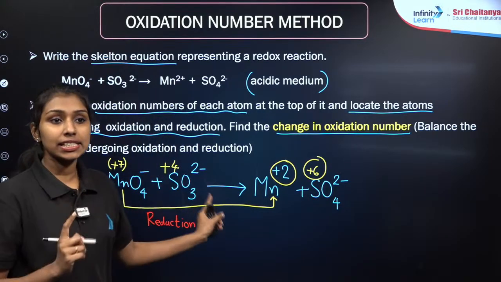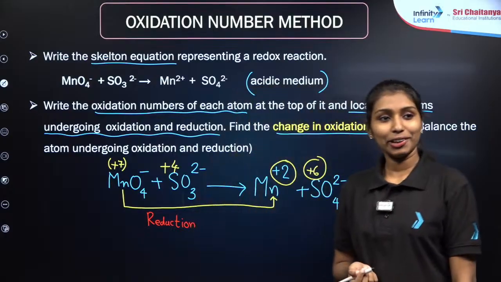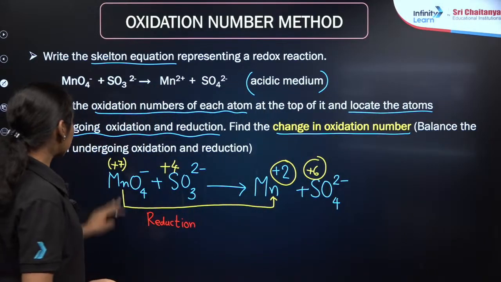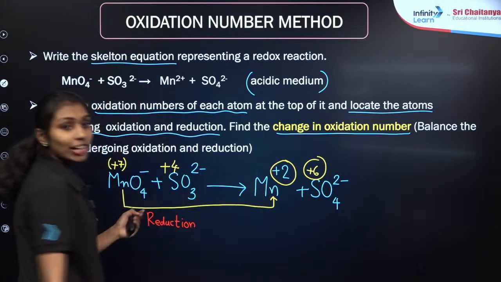What is the change in oxidation number here? In the case of manganese, it is changing from plus 7 to plus 2. What will be the change here?